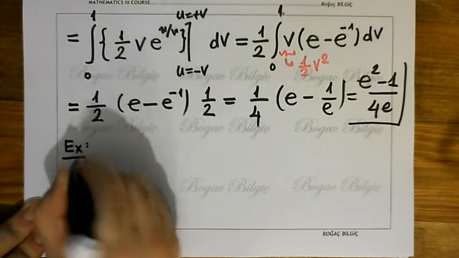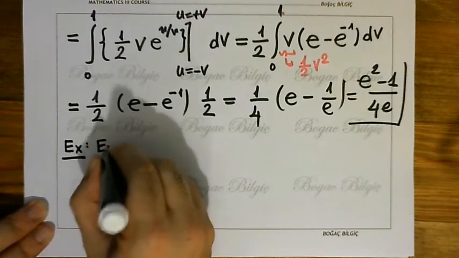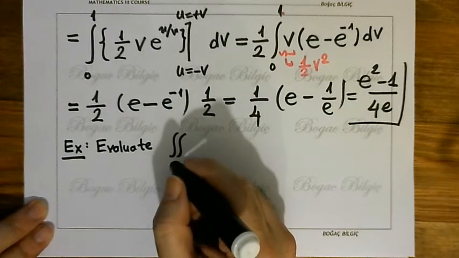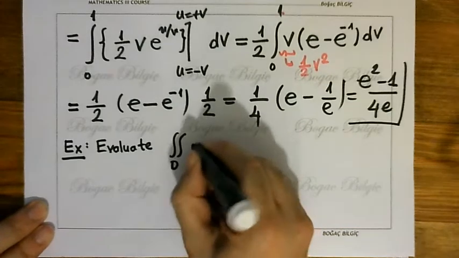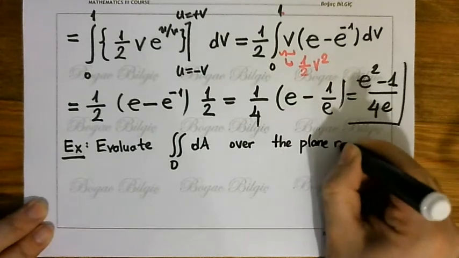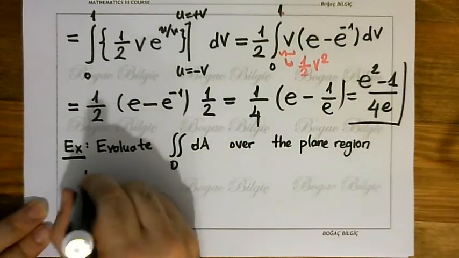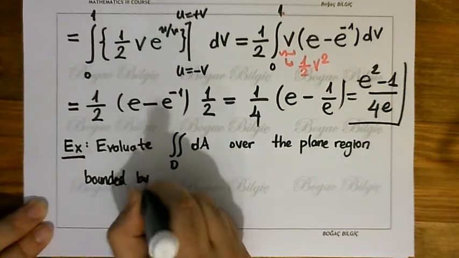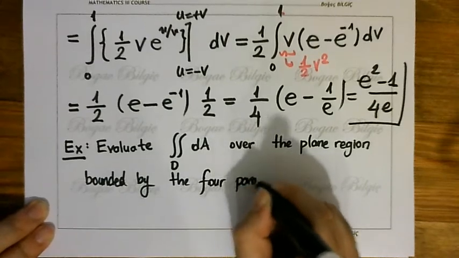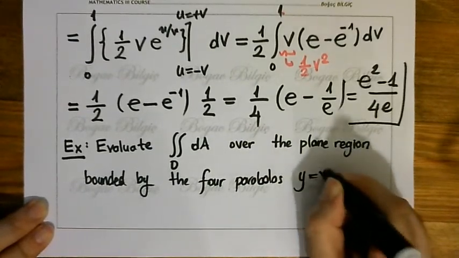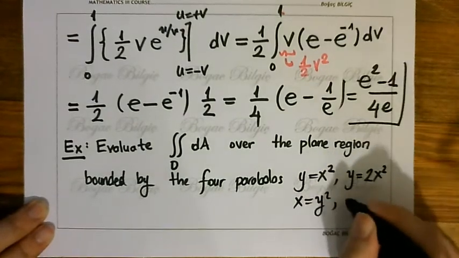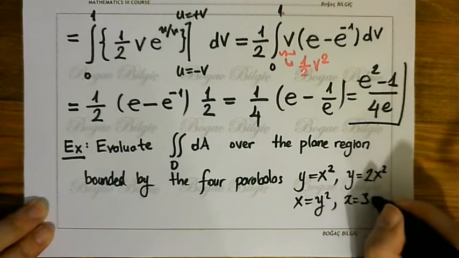Evaluate the double integral over D of dA, where D is the plane region bounded by the four parabolas: y is x square, y is 2x square, x is y square, and x is 3y square.